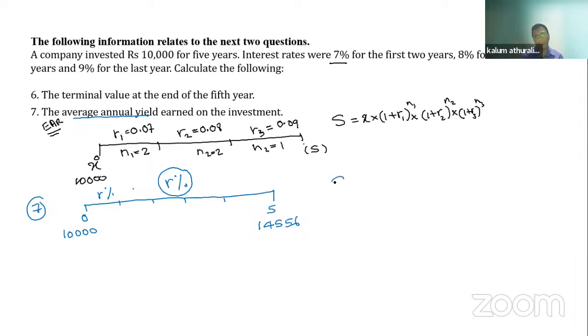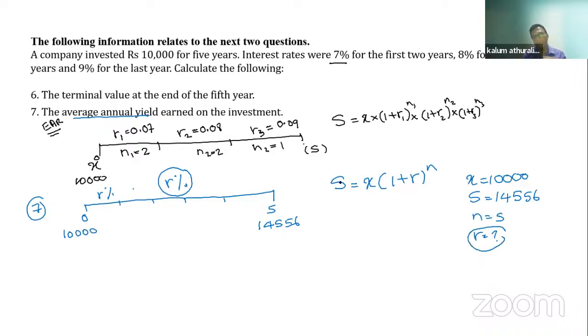Then you can use the normal formula of compound interest. S equal X times 1 plus R to the power n. X should be 10,000. S should be 14,556. N equal 5 years. What is the value of R? You can get the answer using this formula.